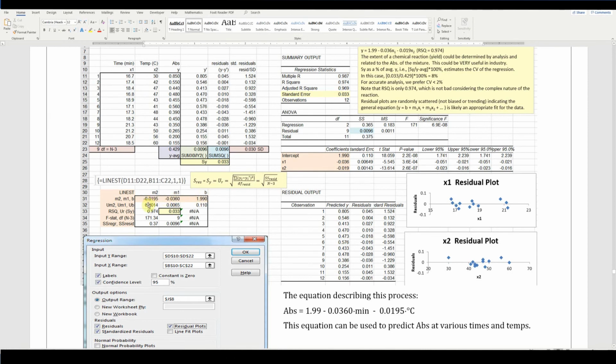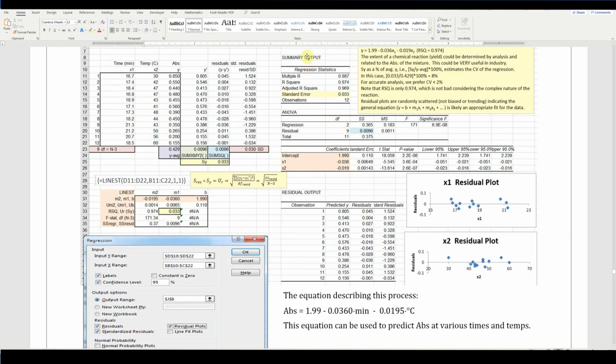And then we have the standard uncertainties of the temperature coefficient and the time coefficient, and also the standard uncertainty of the intercept, along with r squared, degrees of freedom, and other information that we don't probably need here.